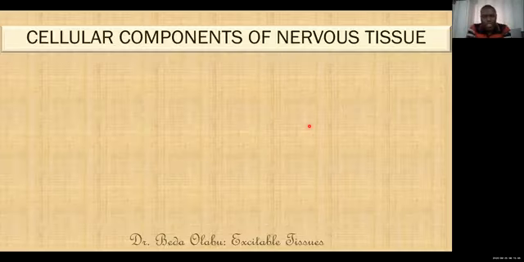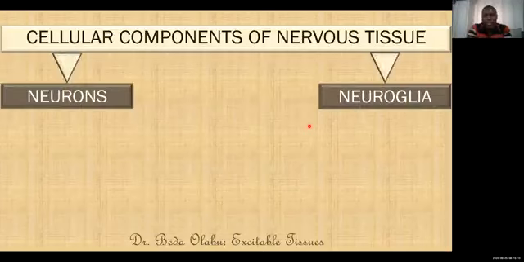So let's start straight ahead by looking at the components of nervous tissue, and specifically the cellular components of the nervous tissue. When you look at the cells of the nervous tissue, we can group them into 2. We have the neurons and the neuroglial cells.